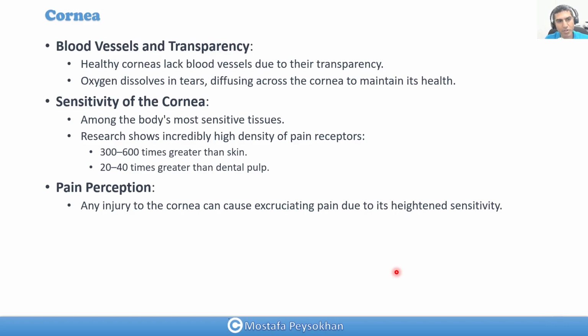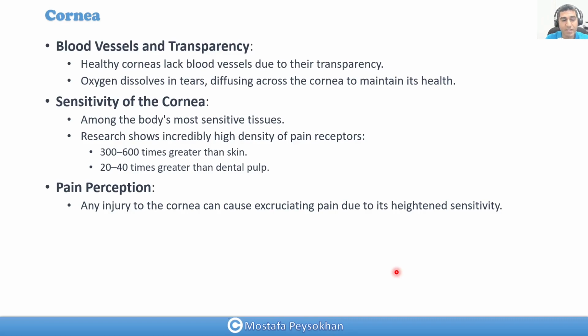The healthy cornea lacks any blood vessels, which makes sense because it should be transparent. So in order to receive oxygen, our body uses oxygen that dissolves in our tears and diffuses across the cornea to maintain its health.